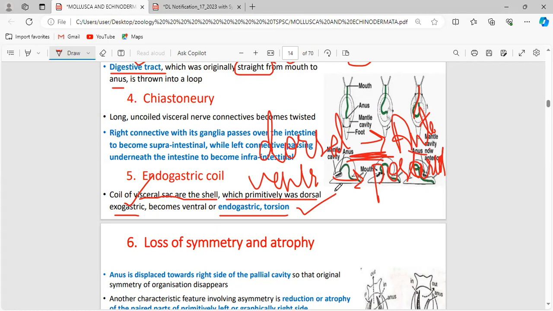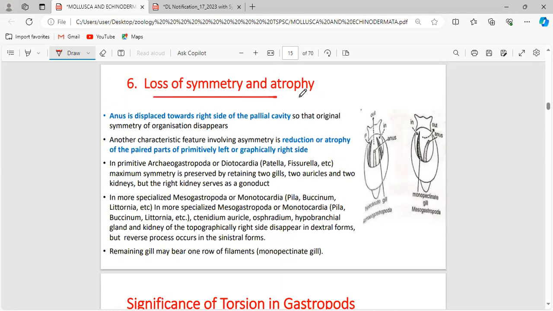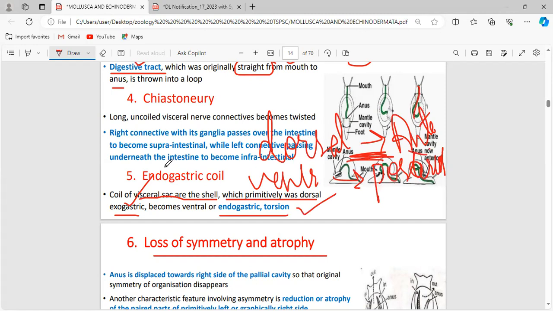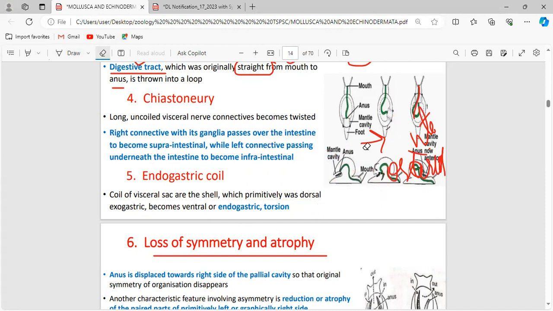Clear? Fine. After torsion, definitely remember that the coil will be an endogastric coil, present on the ventral side and the posterior region. But before torsion, it was present in the dorsal side and in the anterior region. This is the difference between exogastric and endogastric. Clear?